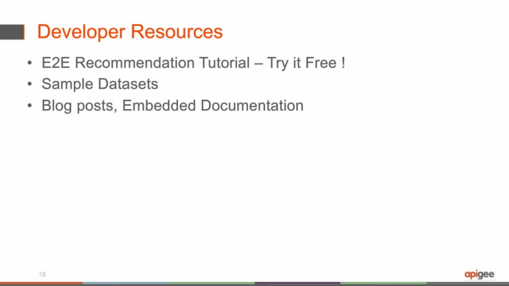It's not just about the user studies. Tell me a little more about resources and things of that sort that we provide for developers. How do we go about it? Once you sign up and activate your account on apigee.com, we already have some sample data loaded for you.